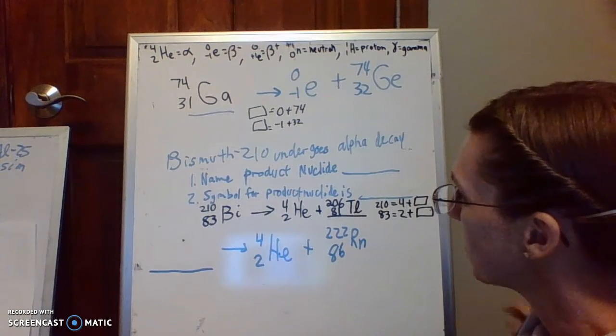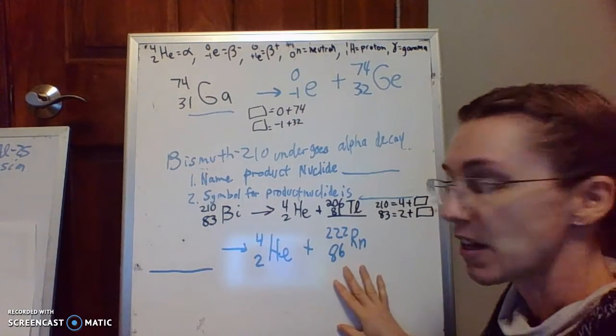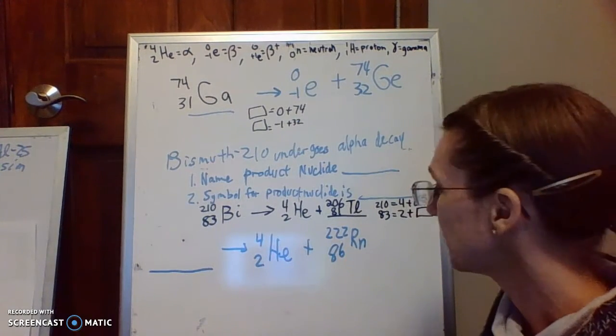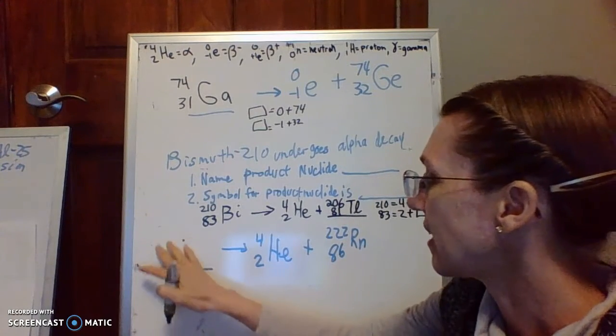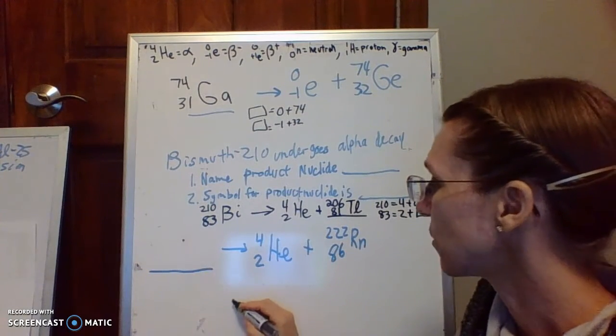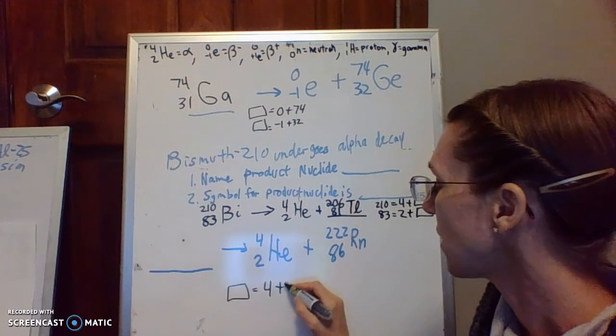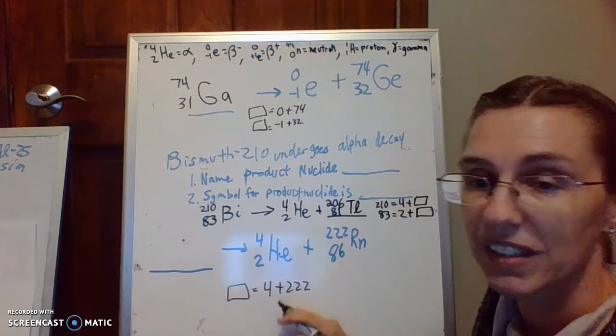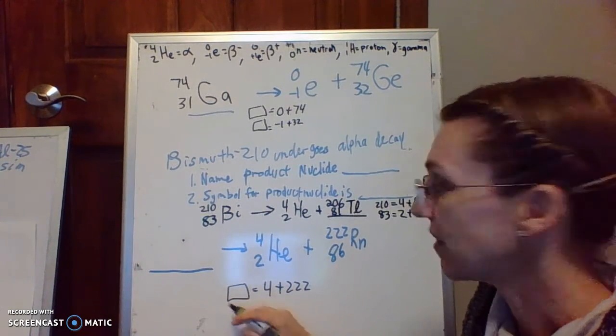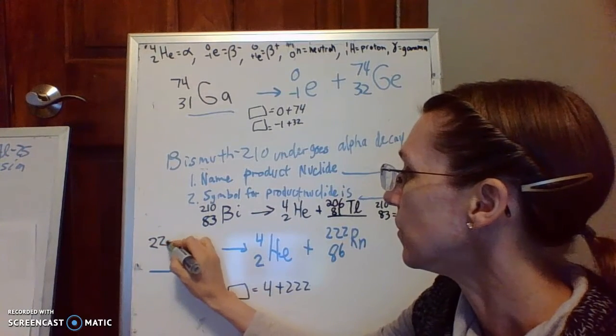Here we've got something emitting alpha particles again, and it produces Rn. So now we need to find out what this beginning guy is. So we'll do the exact same thing. Something has to equal 4 plus our 222. We do the math, we add them together, and we get 226.